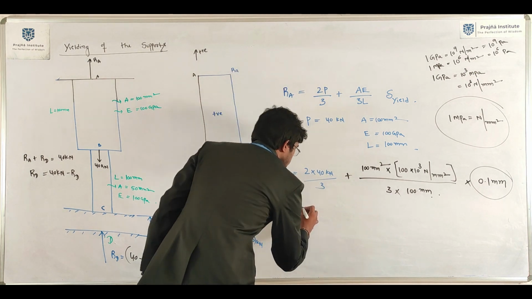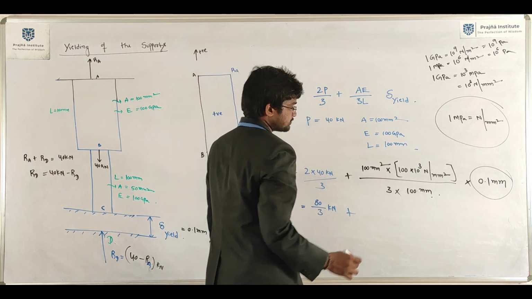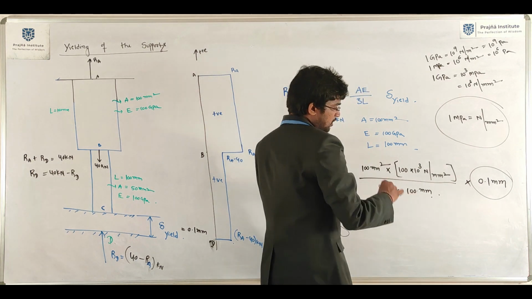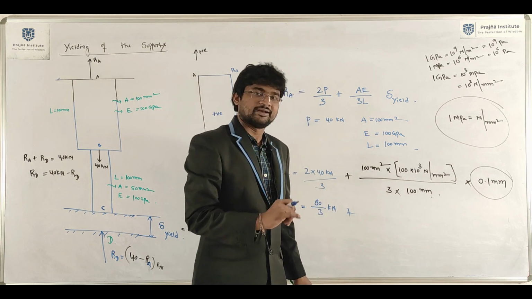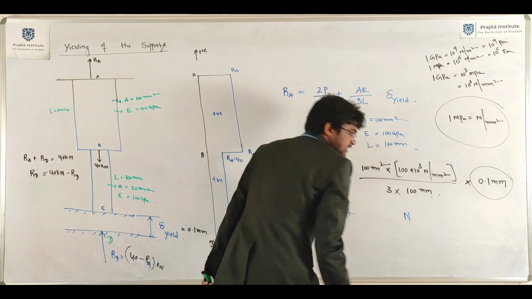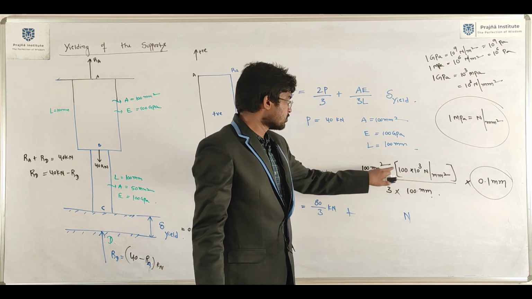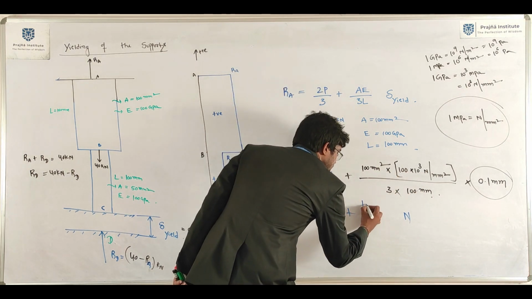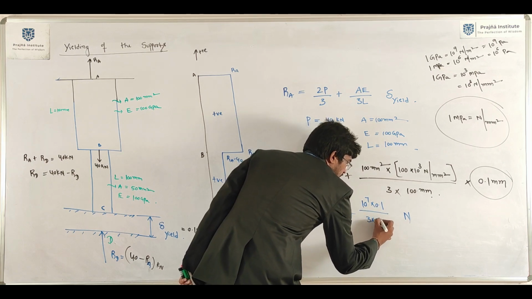Here finally 80 by 3 kilonewton plus. Once you cancel all the units, finally you will get Newton. Keep that Newton here. So 100 into 10 power 7 into 0.1 by 3 into 100.